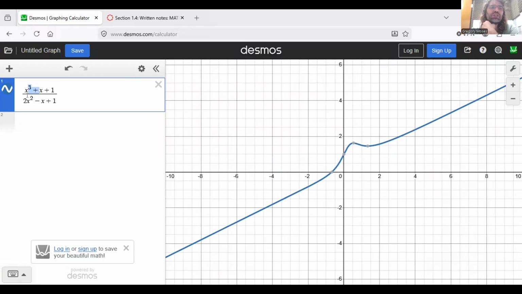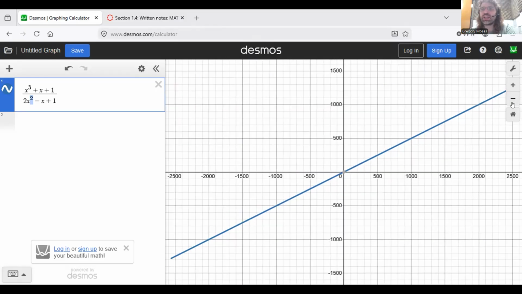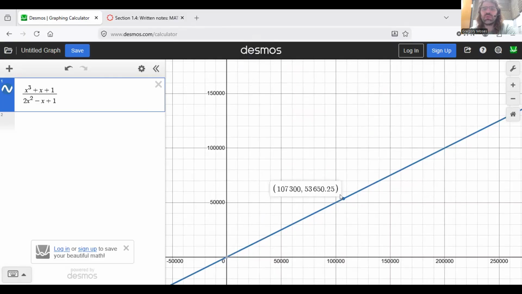So degree 3 over degree 2, the degree up in top is bigger. And as x goes to infinity, y is no longer approaching a horizontal line. As x goes to infinity, y goes to infinity. So the limit doesn't exist.